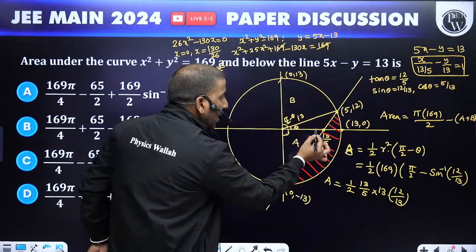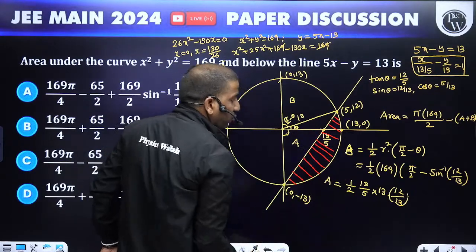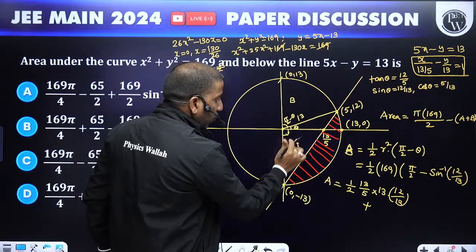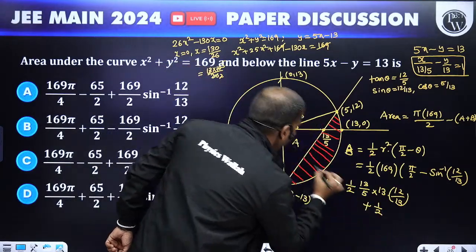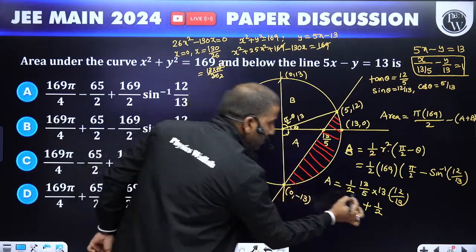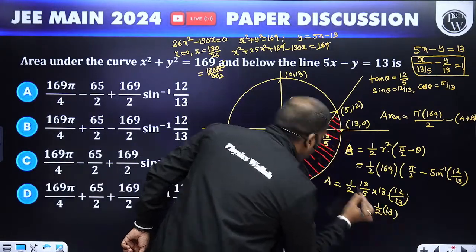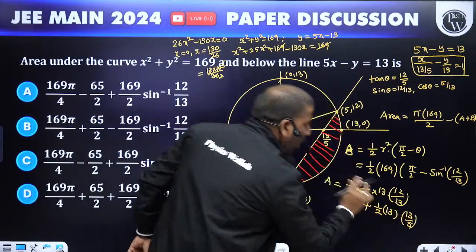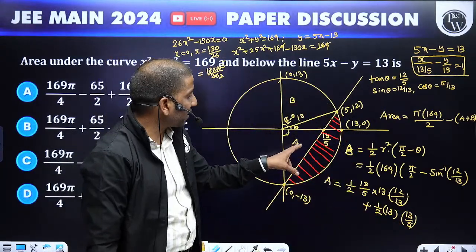Half AB sine theta, that's what I have applied, plus this portion. This portion is a right angle triangle. This length is 13 units and this length is 13 by 5. That's all. See, without integration, we can write A.